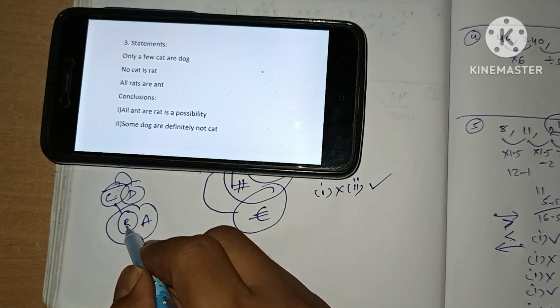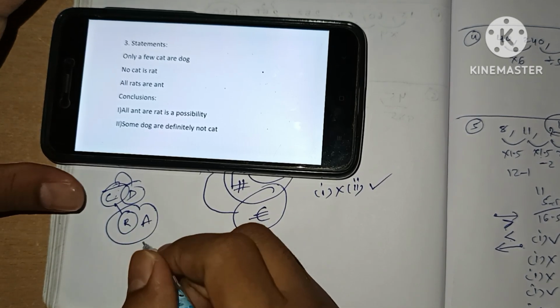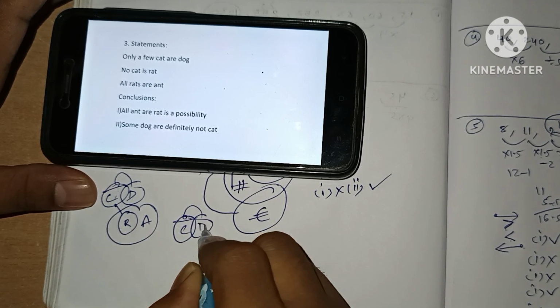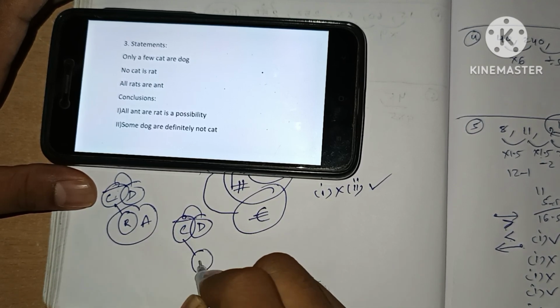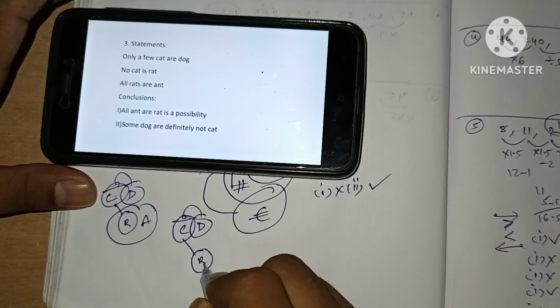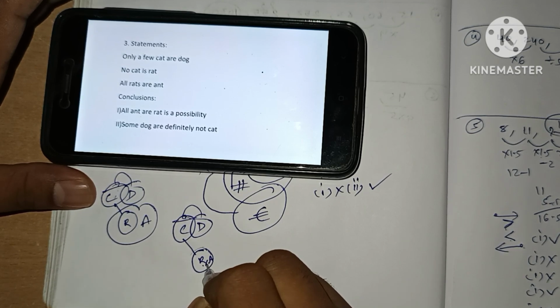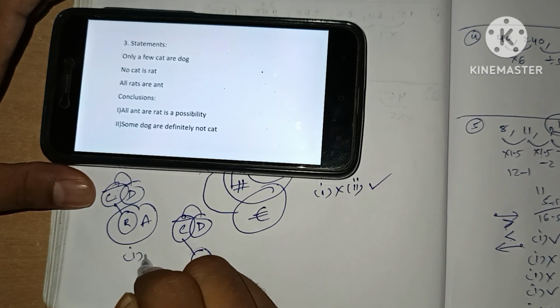Is it possible? Yes, it is possible. I can draw like this. Cat, dog, cat cannot be with rat, and R is nothing but A also. All A are rat, all R are ant. We can draw a possible diagram like this. So the first conclusion is true.